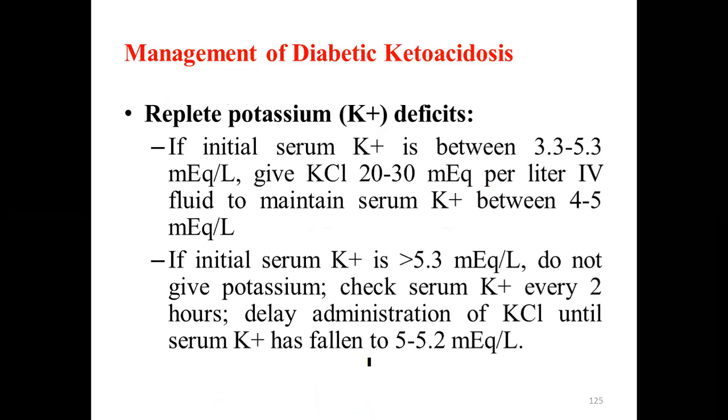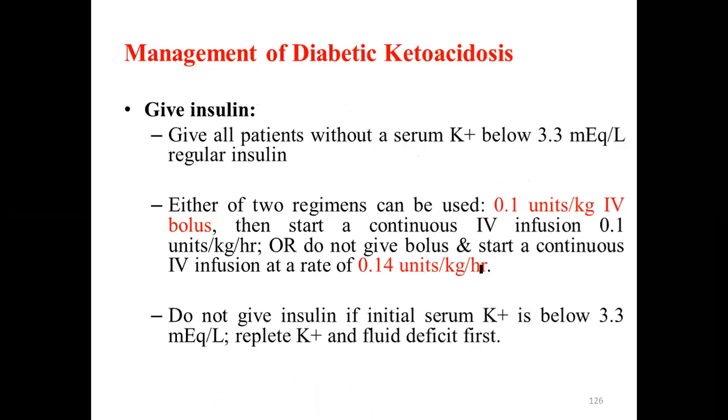Then if the potassium level is between these, you give just a small amount of potassium chloride with IV fluid. If potassium is above 5.3, don't give potassium supplement, but you monitor every 2 hours. That is the recommendation. Then now, this is the time we are going to consider insulin therapy. All patients without low potassium level are supposed to be given regular insulin.